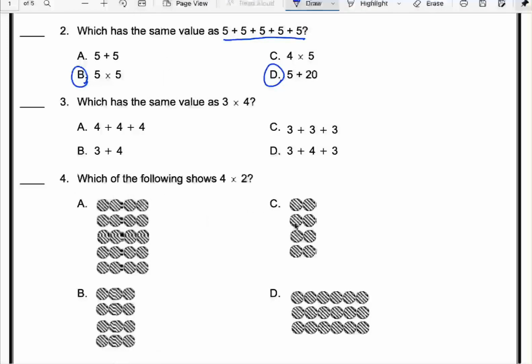Twelve. Okay, 3 multiplied by 4 is 12, which has the same value, which is also 12. B. 3 plus 4. Do you mean 3 plus 4 is 12? No.